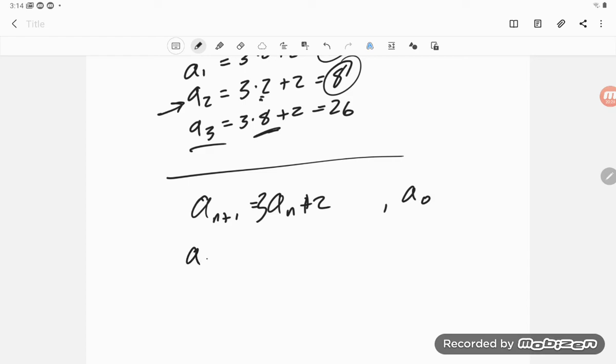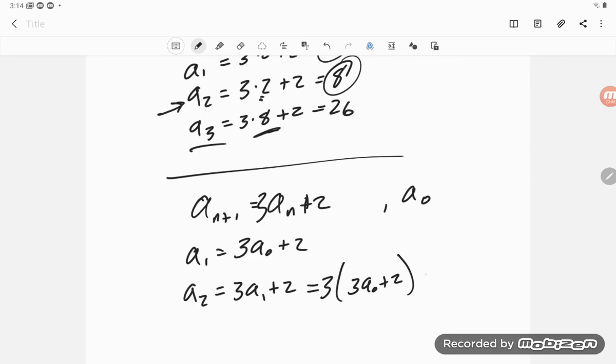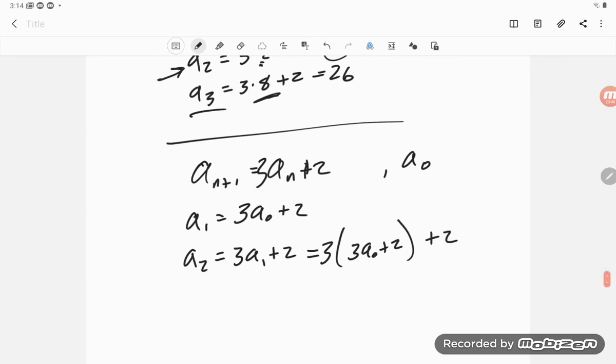Oh, well then I can still tell you a sub 1 is 3a0 plus 2, and a sub 2 is 3a1 plus 2, but a1 is 3a0 plus 2, and then plus 2.